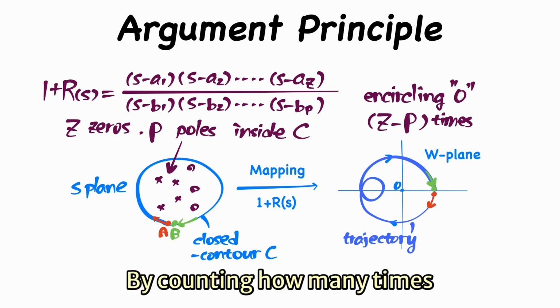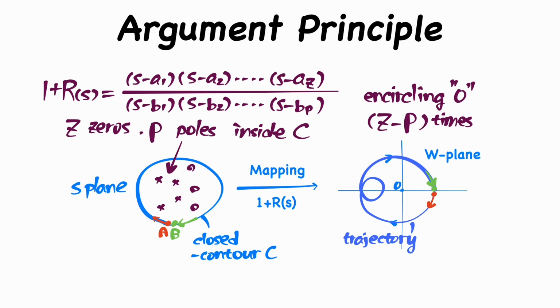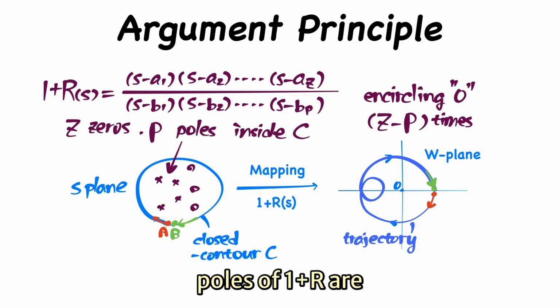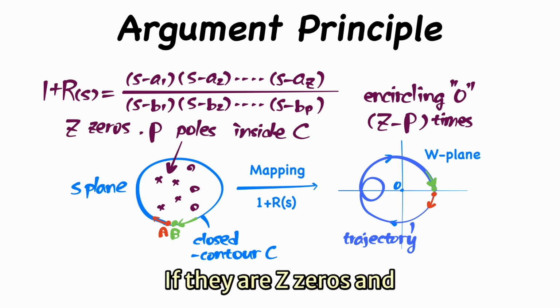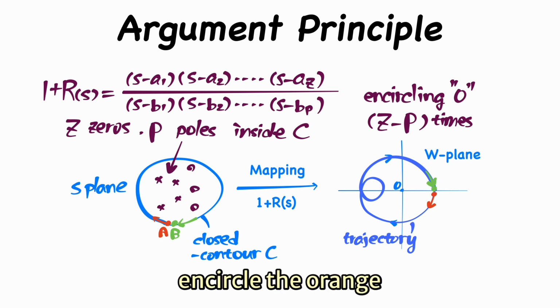By counting how many times the trajectory encircles the origin of the W plane, we can speculate how many zeros and poles of 1 plus R are inside the contour C. If there are Z zeros and P poles, the trajectory will encircle the origin Z minus P times.